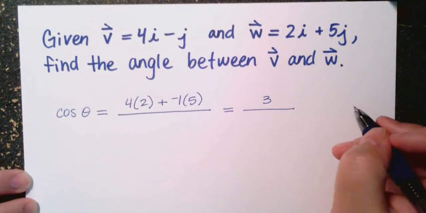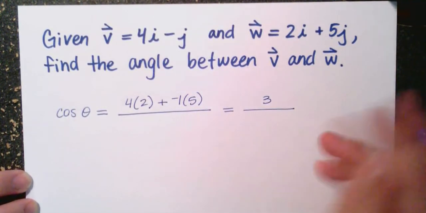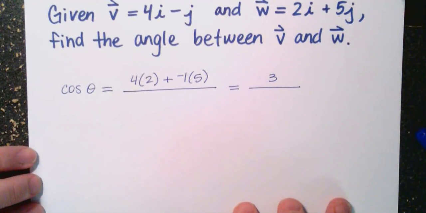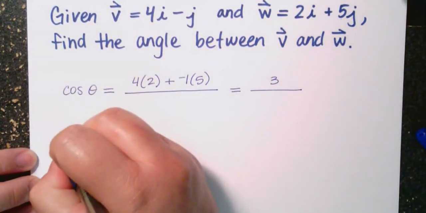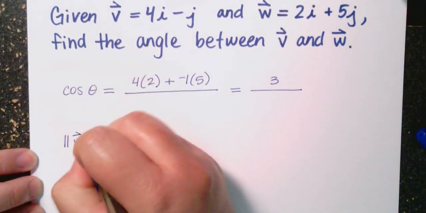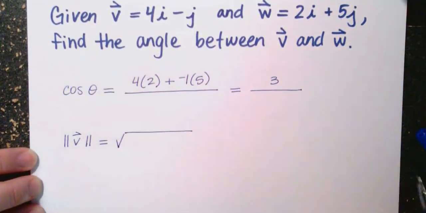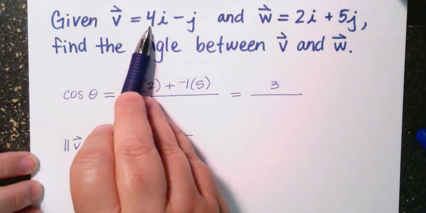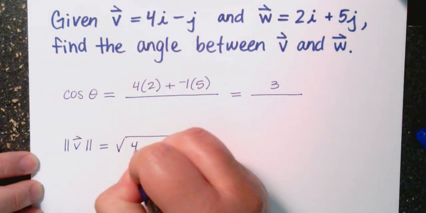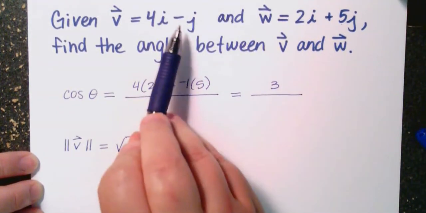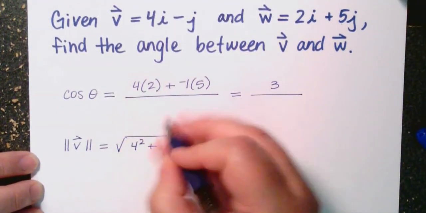Now, in the denominator, let's go ahead and just do these a little bit separately. The way we find a vector's magnitude is we take the square root of the horizontal component squared, 4 squared, plus the vertical component squared. So this is -1 squared.